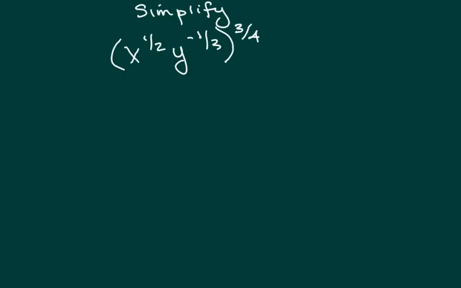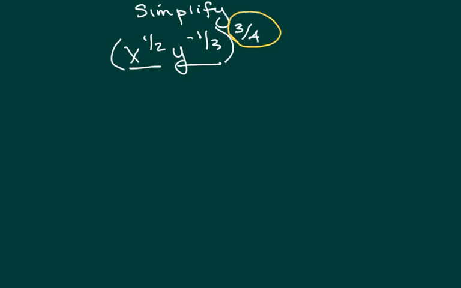Okay, this one's a little bit complicated. We're asked to simplify, and we're going to use the laws of exponents. It's only looking more complicated because it has the fractional exponents, those rational exponents. But we're going to take it step by step. The power rule tells us that we're going to take each of these separate parts to this power.